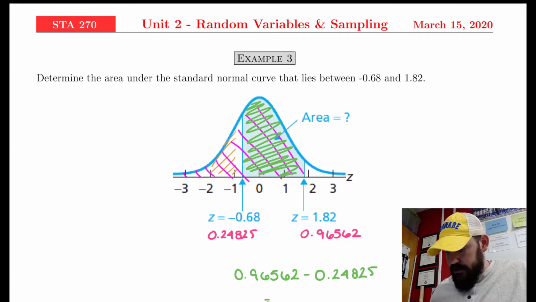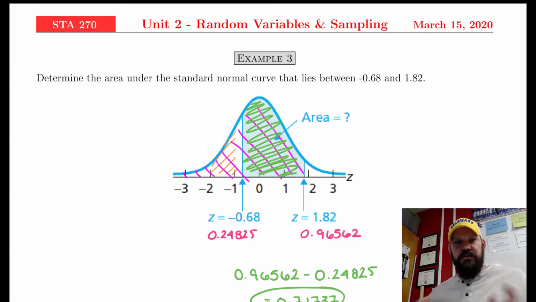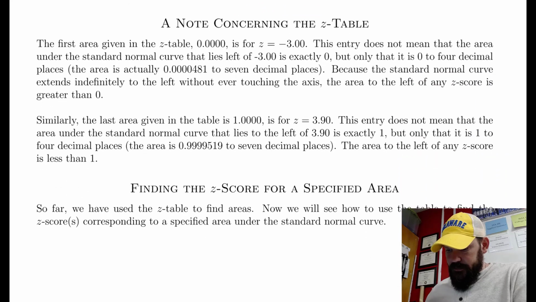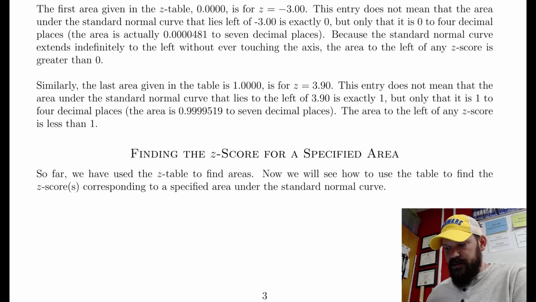And we get a total area of 0.71737. So the area that lies between those two given z-scores is 0.71737.